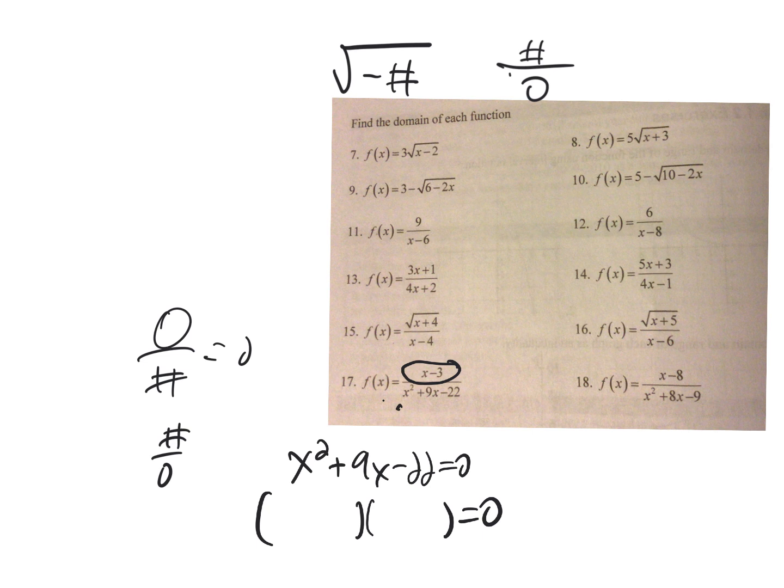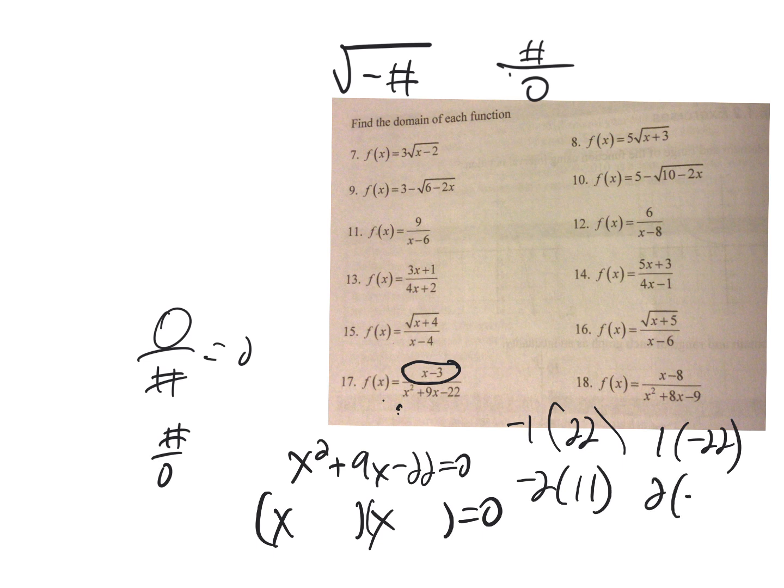So x squared, what multiplies to give me x squared? x and x. And then what multiplies to give me negative 22? Well, I can get negative 1 times positive 22. I can write positive 1 times negative 22. I can write negative 2 times 11. I'm going to write 2 times negative 11.